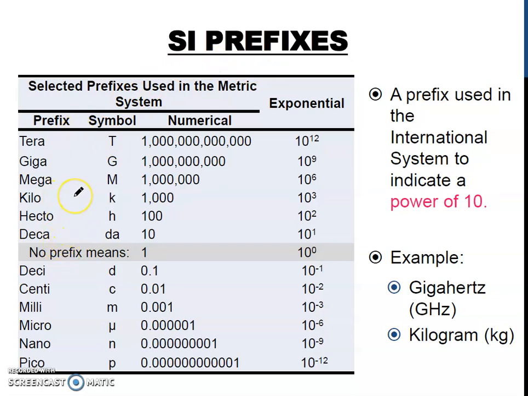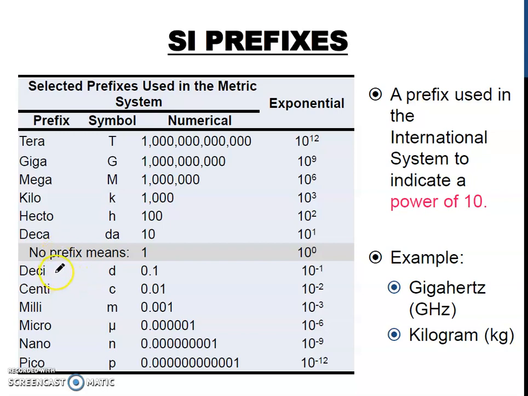Prefix ni memang satu dunia pakai juga, standard international value. Maksud dia, bila cakap giga tu, everyone knows it is 10 power of 9. Dia tak akan berubah lah, jadi orang ni cakap 10 kuasa 2, tak. So giga ni confirm it is 10 power of 9. And then tera 10 power of 12, mega 10 power 6, kilo which is kita biasa dengar 10 kuasa 3, and then hecto tak berapa famous sangat.